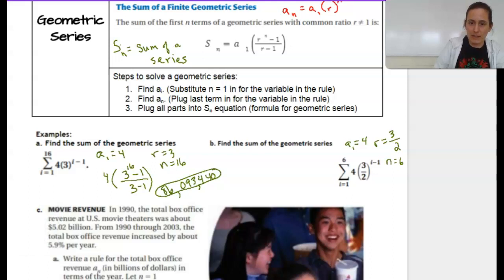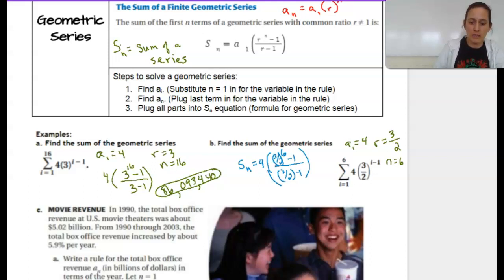If we plug that in, your sum is equal to your first term times our ratio of 3 halves raised to the 6th power minus 1, all over 3 halves minus 1. In our calculator, I would recommend doing 3 divided by 2 raised to the 6th power minus 1, then dividing it by 3 halves minus 1, and then multiplying that answer by 4.